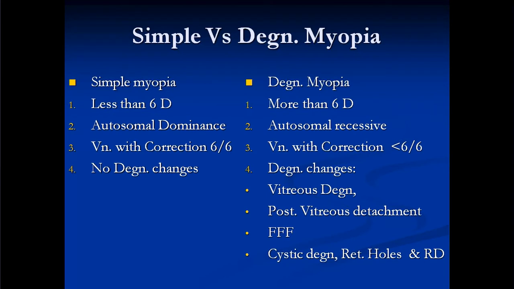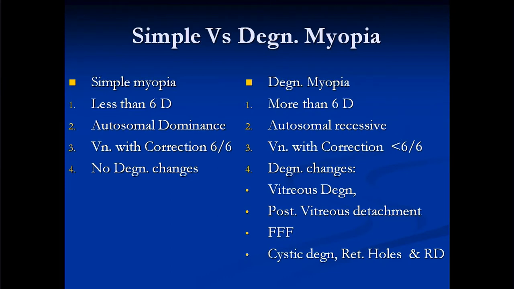In pathological myopia or degenerative myopia, full vision may not be restored even with the correction. Then the degenerative changes, there can be vitreous degeneration, posterior vitreous detachment, Fuchs spots, bleeding points, as I told you. Then there can be cystic degeneration, retinal holes, and retinal detachment.